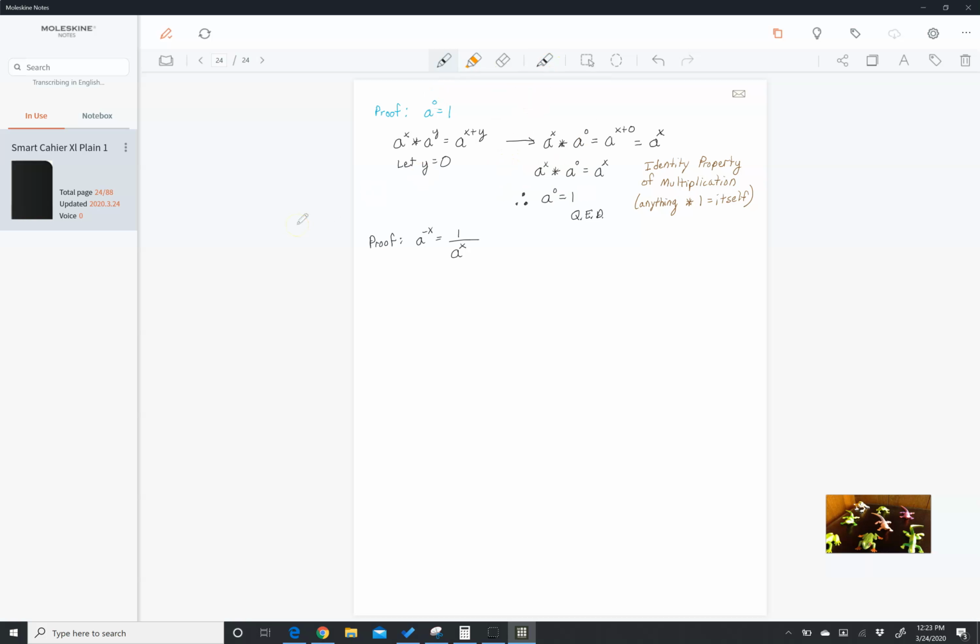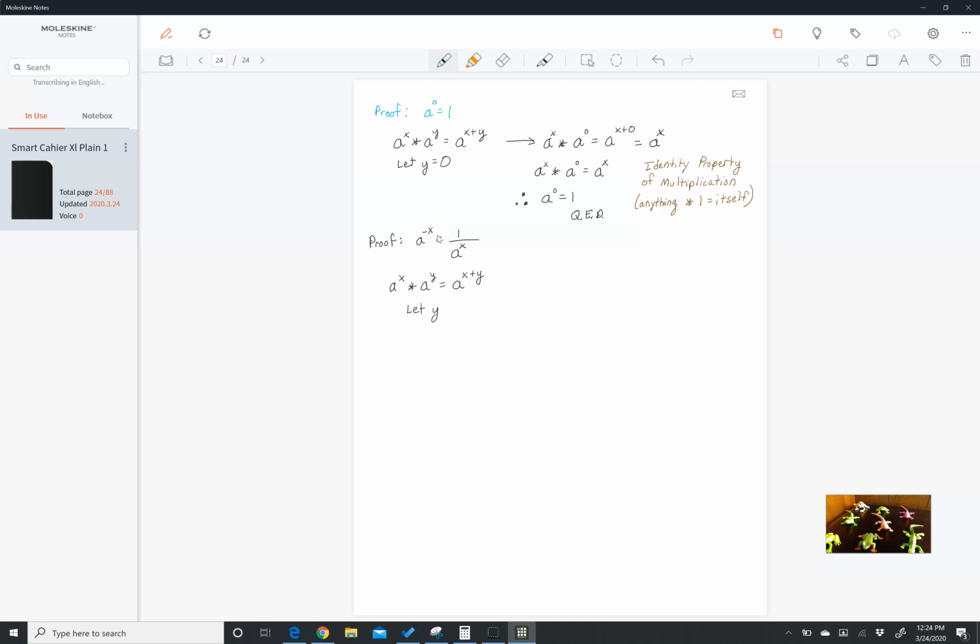We're going to use this initial property that we see here, a to the x times a to the y equals a to the x plus y. And this time we're trying to show something about a to the negative x. So instead of saying y equals 0, we're going to say y equals negative x.